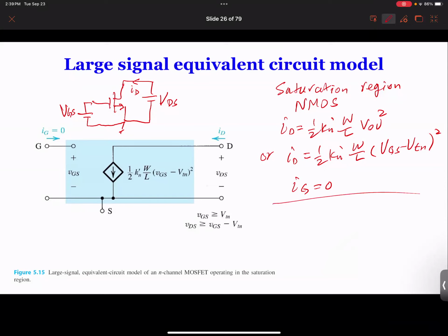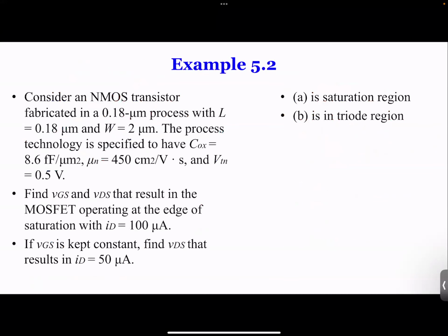Again, these conditions are given in terms of VGS has to be larger than VTN, and VDS has to be larger than or equal to VGS minus VTN. Those are the conditions that have to be met in order for this circuit to work. So this is what we have for the equivalent circuit. Based on this, we can go ahead and start to do some examples.